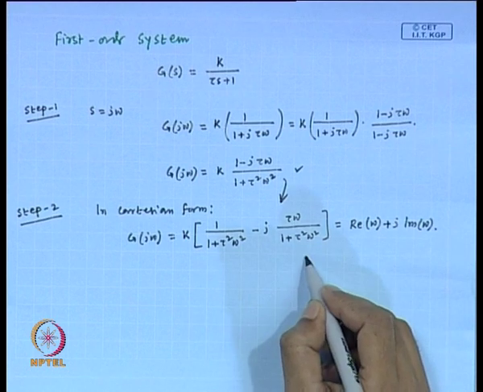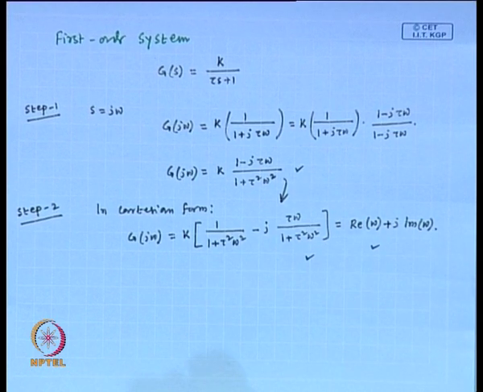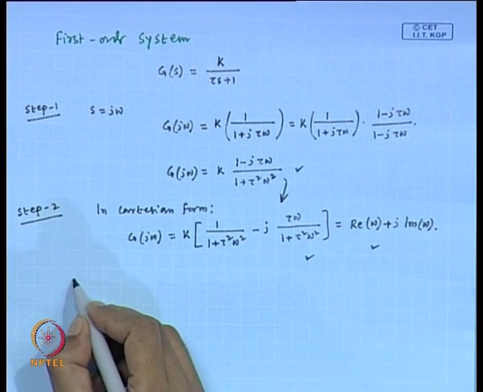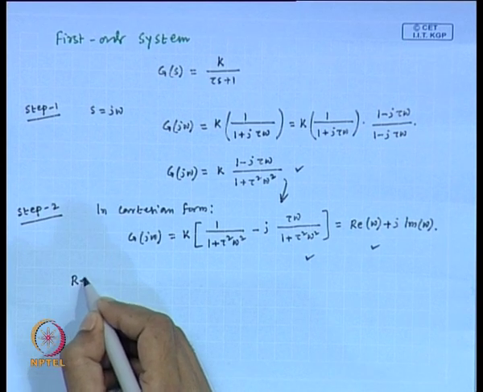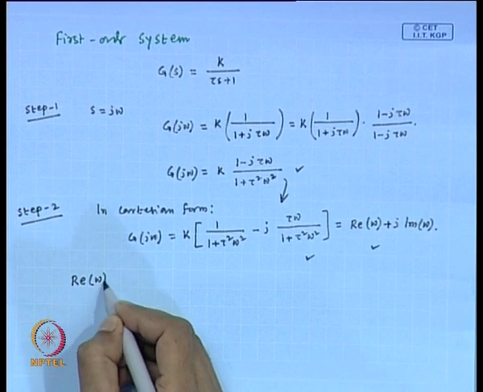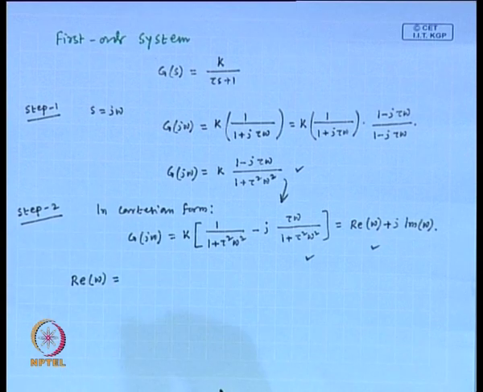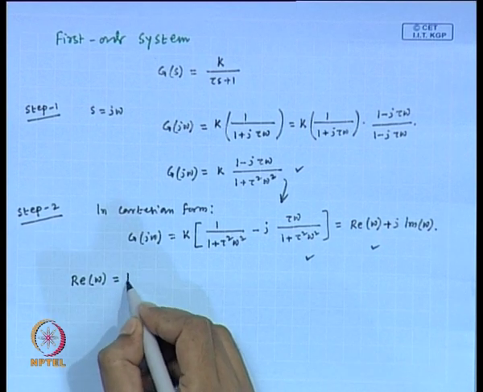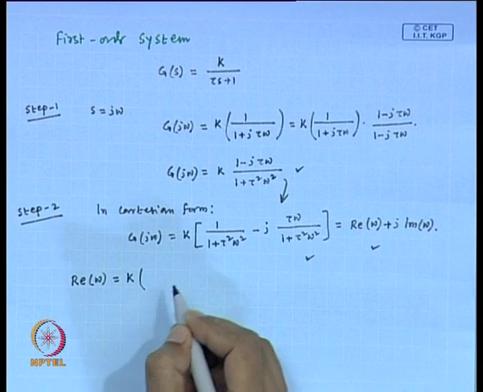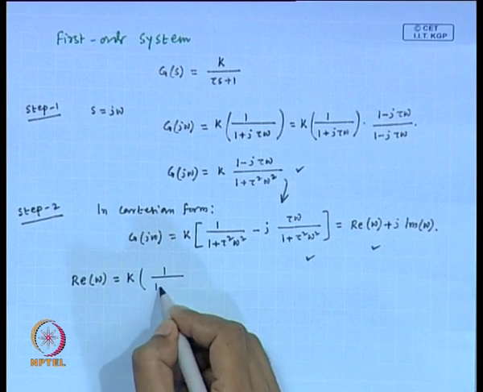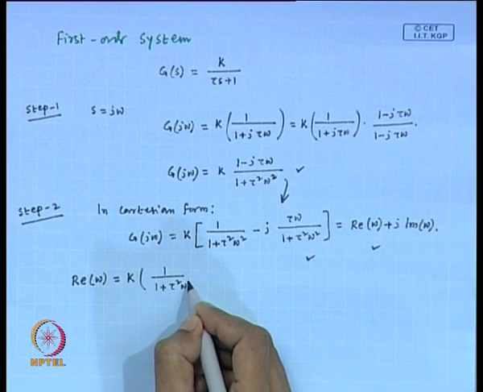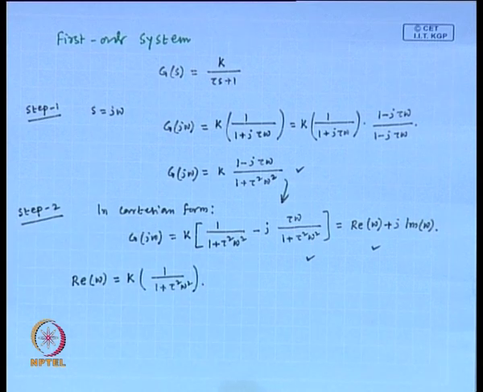So, if you compare this with this, we obtain the real part as this. Real part equals K divided by 1 plus tau square omega square.